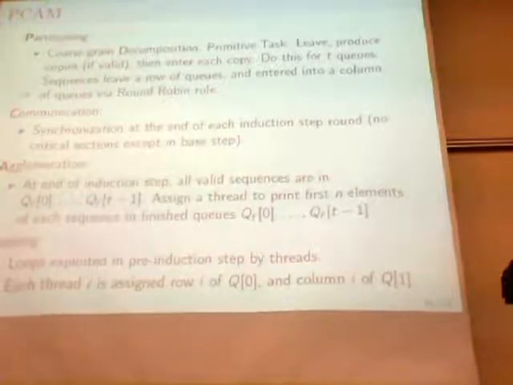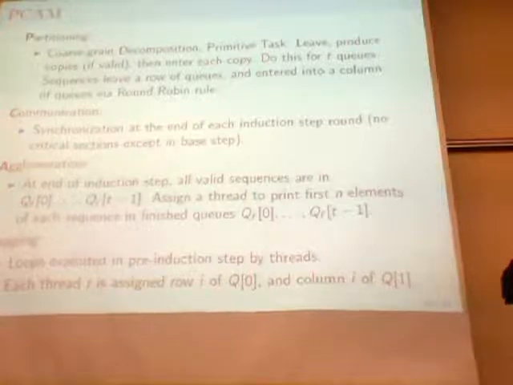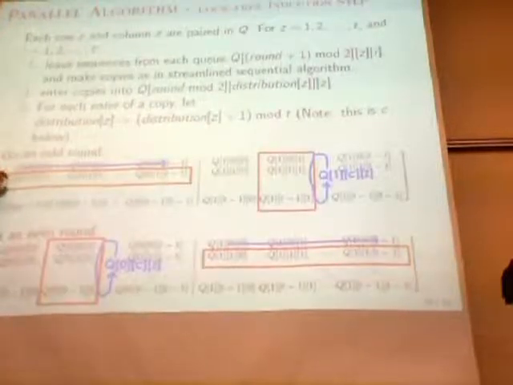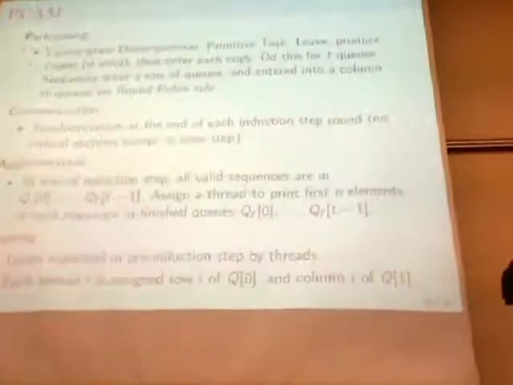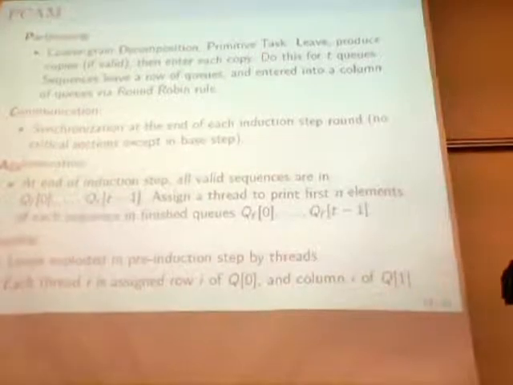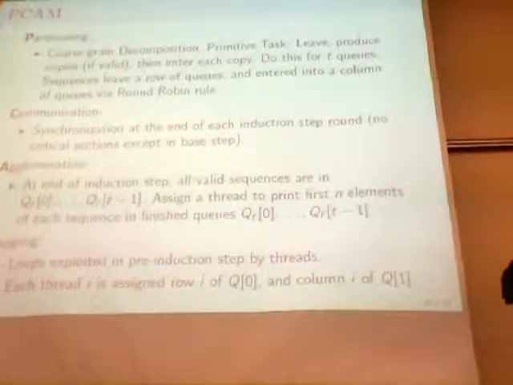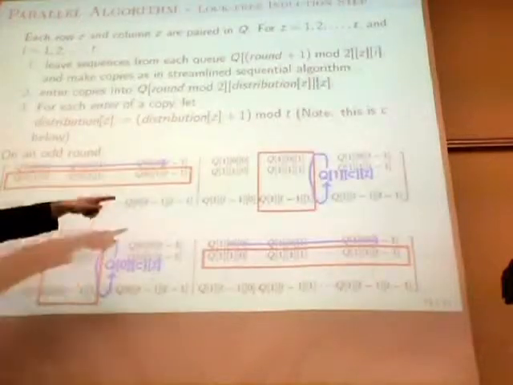So let's go down and break down the PCAM here. So partitioning, this is coarse grain. We're going to be doing whole operations on queues. Very coarse, so that can be very expensive, but we're trying to break it down into a primitive task that's just simply taking these copies, leaving them from a queue, entering them into these opposing queues on the workbench.